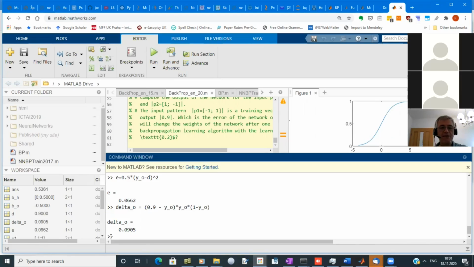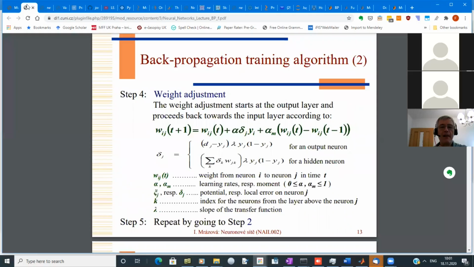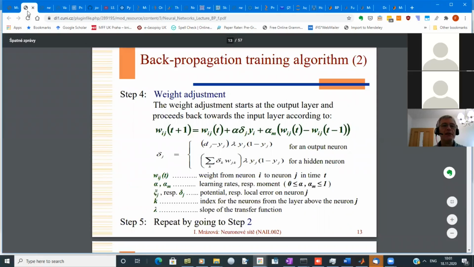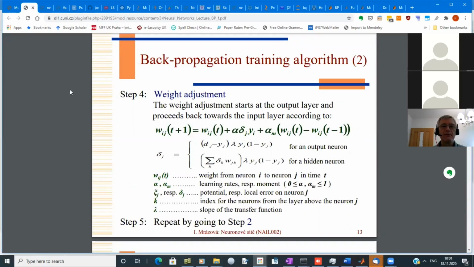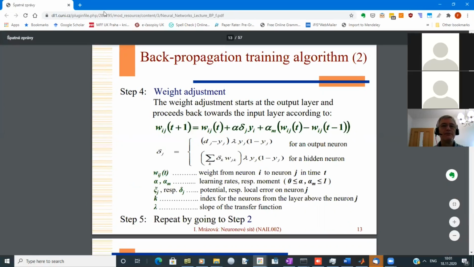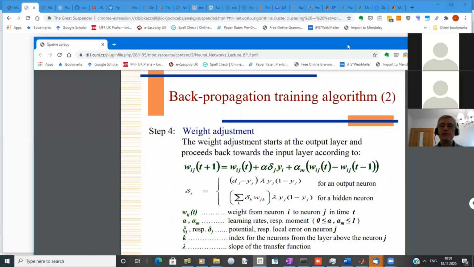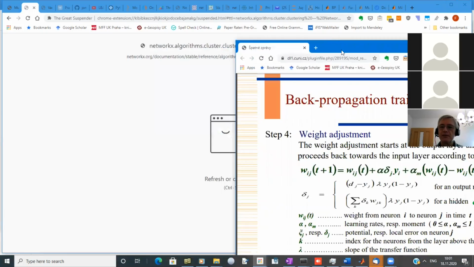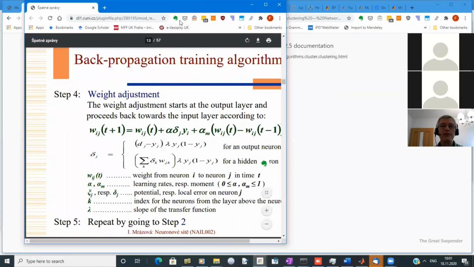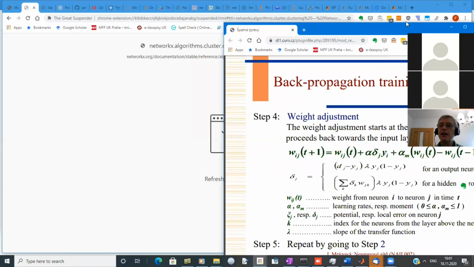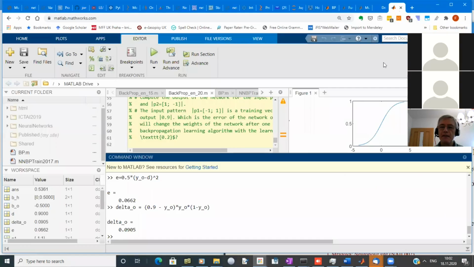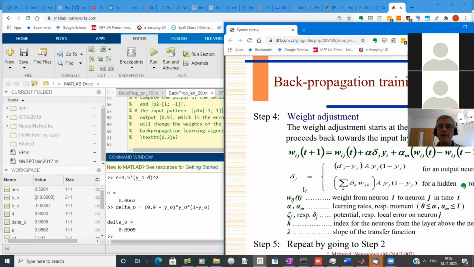If you show the slides, we can go through it. Maybe I can try to put it in a separate window, to put the formula next to the desired output minus actual output.